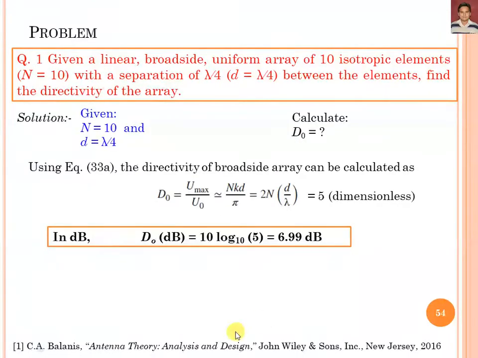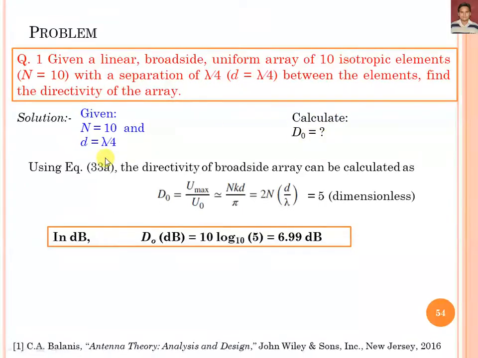We are taking one problem based on the broadside array. This is a linear broadside array, and the given parameters are 10 isotropic elements, I mean n is equal to 10, and the separation distance between elements d is equal to lambda by 4. We need to calculate the directivity D naught.